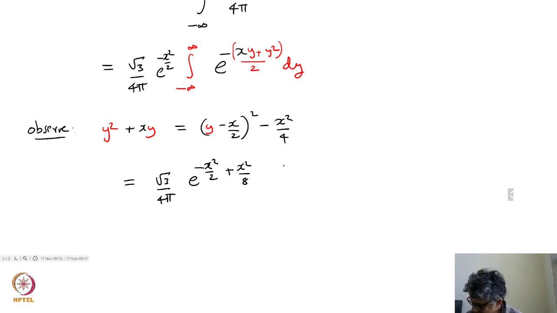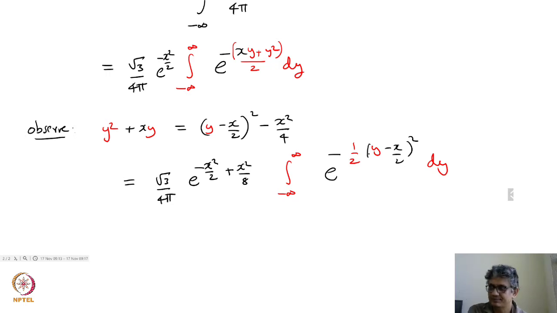Then the integral from minus infinity, e to the minus 1/2 of y minus x by 2 whole squared dy. So that's exactly what I have, right? The integral looks exactly like this.